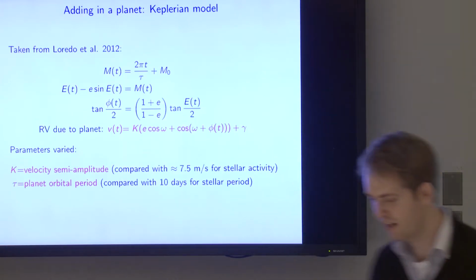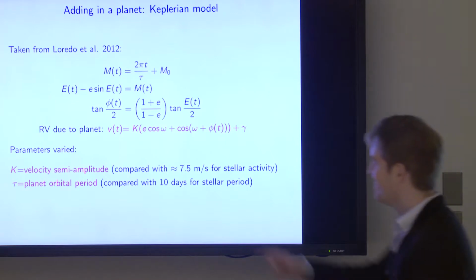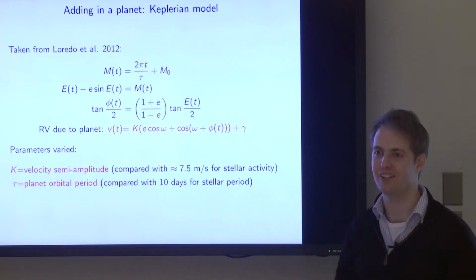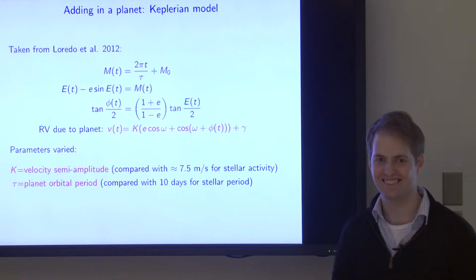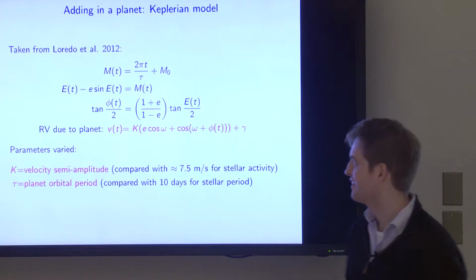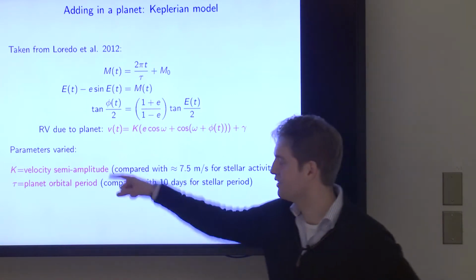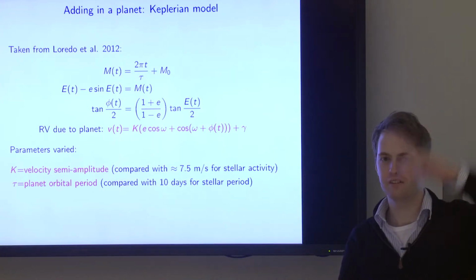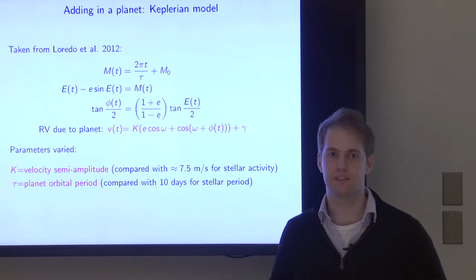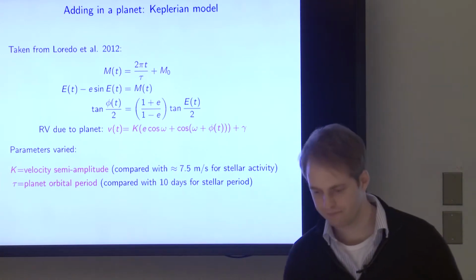I'm not going to go through these details, but basically this is the radial velocity due to the planet, so people understand how that works, and this is a good model. The only important things here are k, which is the amplitude of the signal, and tau, which is the orbital period of the planet, so when the signal repeats, okay?